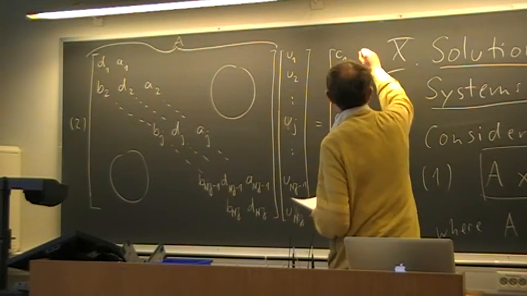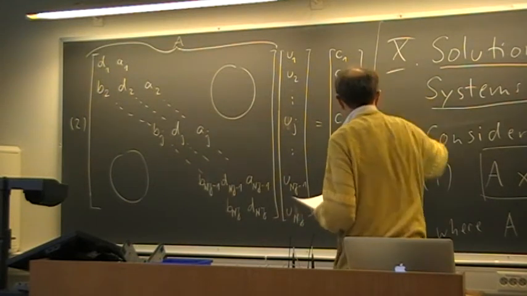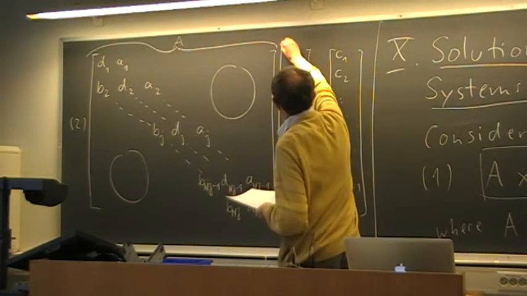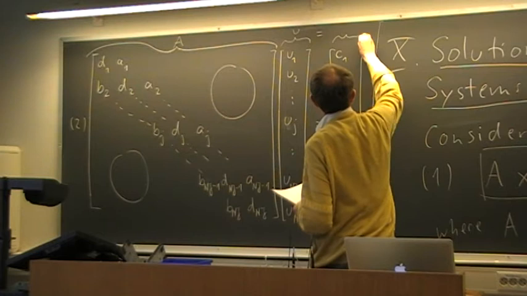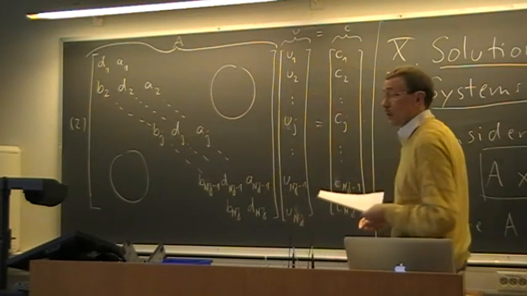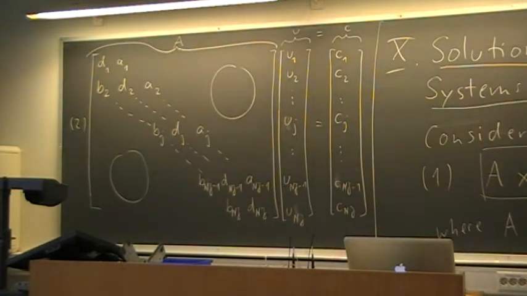So that would be then our system, and here this would be our unknown vector u, and this would be our given right-hand side, which we call now C. So you see the notation is a little bit different. We call our unknown u and our right-hand side C. And the diagonal has the entries D, above the diagonal A, below B.